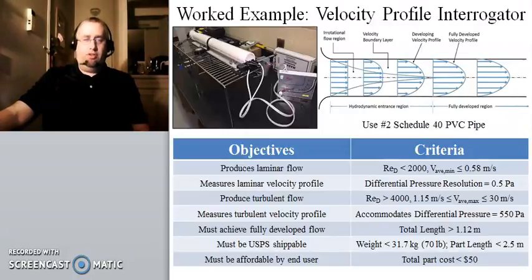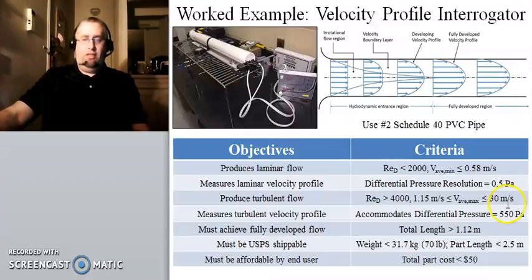I also want to produce turbulent flow, so the Reynolds number for turbulent flow has to be above 4,000, meaning I'm going to need some sort of variable fan or something here that's going to allow me to get both the low Reynolds numbers and the high Reynolds numbers. But from the high Reynolds numbers, we get this range of possible velocities, with 30 meters per second being as high as I really want to go before the system becomes just unwieldy.